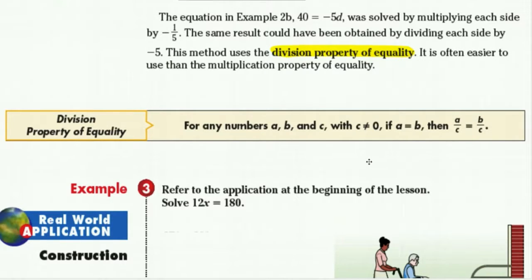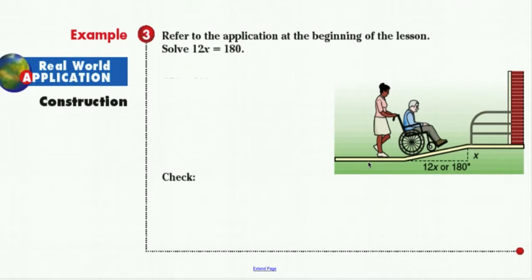Okay, let's take a look at example 3, and going back to the original example, refer to the application at the beginning of the lesson. We want to solve 12x equals 180. Again, copy the problem. 12x equals 180. And in this problem, we want to isolate x on the left side of the equation, meaning we want to undo 12.